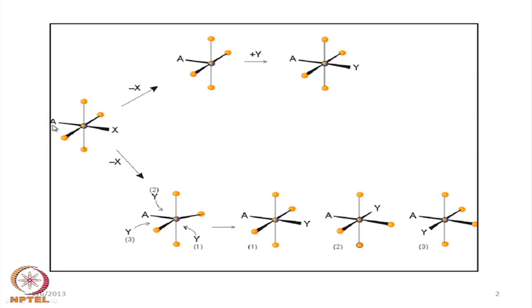So, when a trans geometry is present, that means these two ligands along this a cobalt x bond are close to 180 degrees. So, x removed, we get from an octahedral geometry a corresponding square pyramidal geometry, where A is forming the pyramidal side of the square plane formed by these 4 yellow orange spheres.